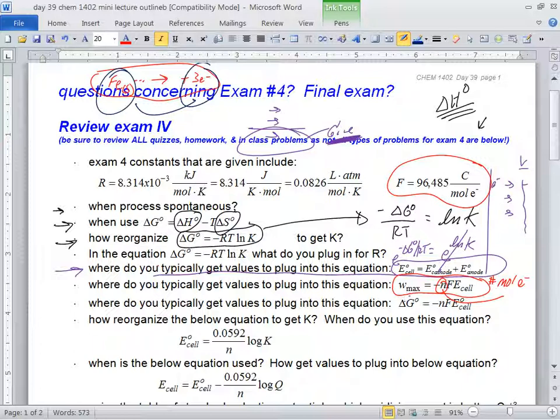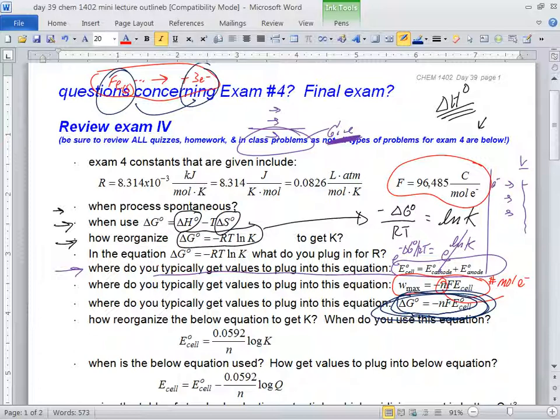Okay. We've got delta G0 is minus NFE0 cell. Megan, where do we get numbers to get this? Now, the question is more like, find the standard Gibbs free energy, or delta G0, from these standard reduction potentials, right? And they give you this mess of stuff.